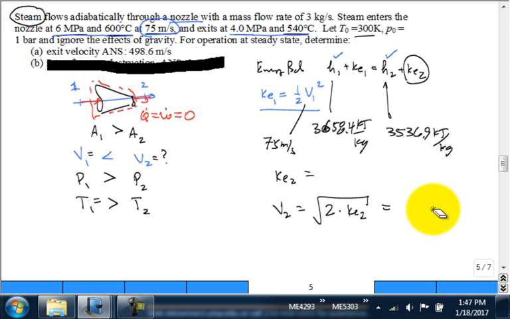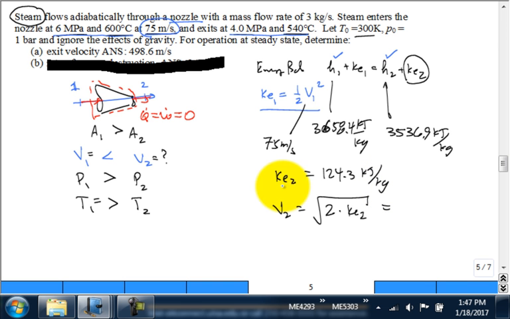All right. So when you calculate this kinetic energy 2, what did you get? Did you get 124? It is correct, okay, but how did you calculate that? That KE2 is 124.31 kilojoules per kilogram.